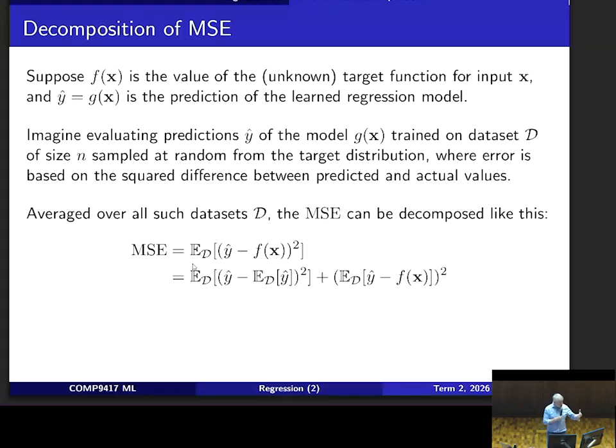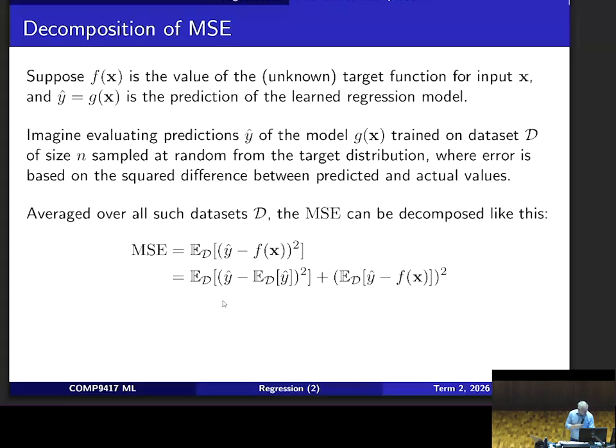Imagine you ran your linear regression many, many times on a data set of the same size, using the same hidden target function, but the data was randomly sampled according to the data generating mechanism. So this symbol here is read expectation, and it's the expectation over all such data sets. That's this curly D here.